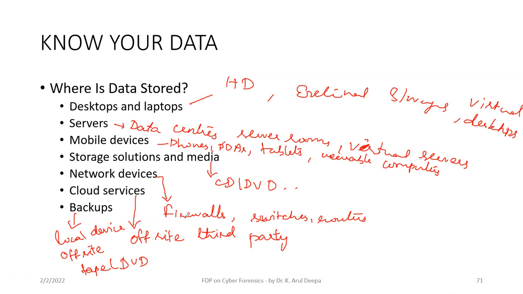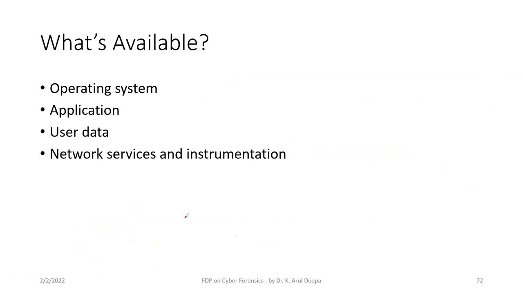So these are all the areas from which you may happen to investigate the data. And what kind of data will be there? There is a possibility of having operating system data, OS data, as I said, the file system data. File system data like NTFS, FAT, so those informations. In file system data, you will have knowledge about the allocation units.